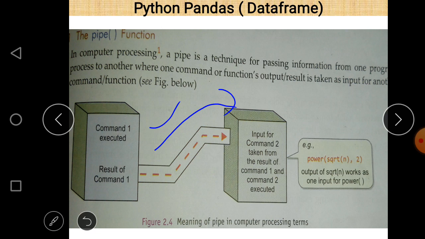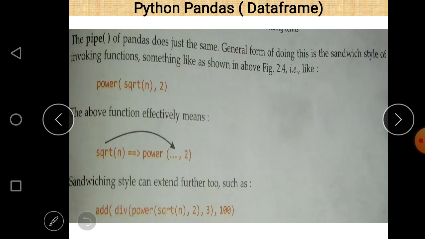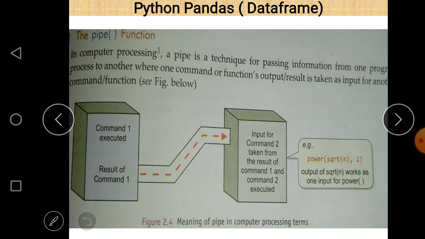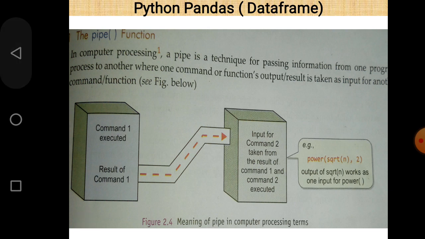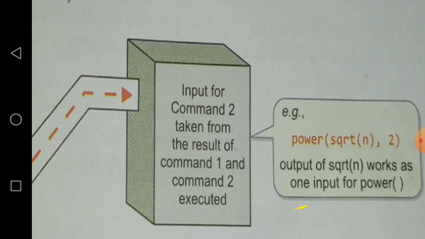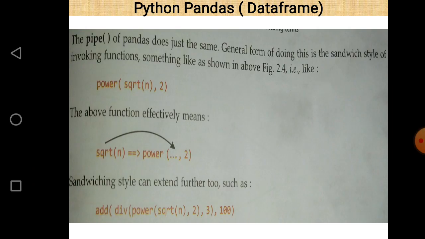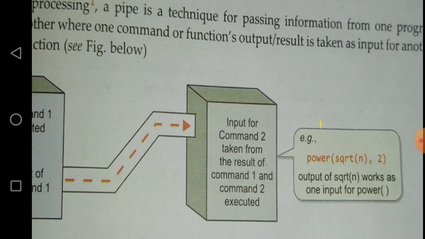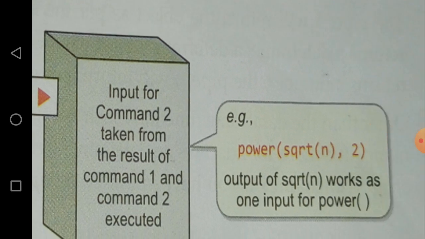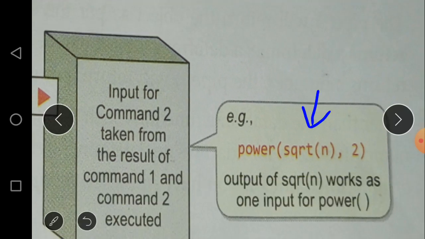This is an example here: power(sqrt(n), 2). Here n is a number, any natural number, and sqrt is a function.